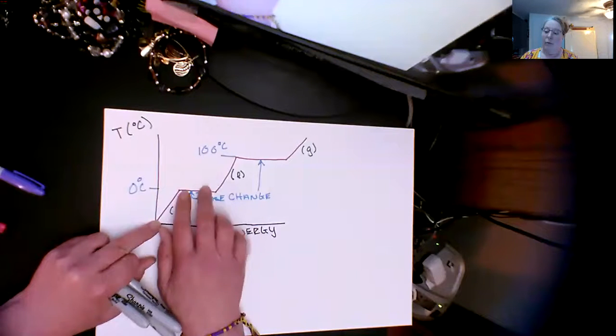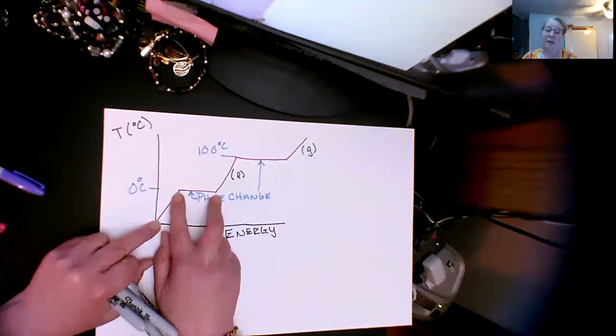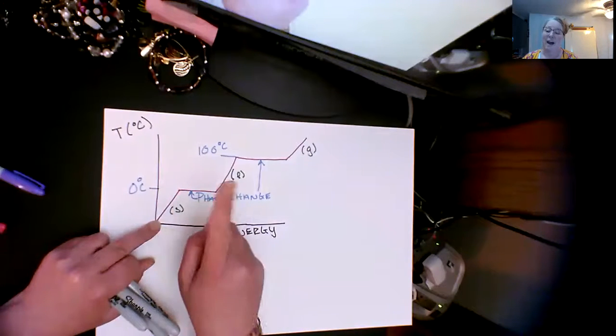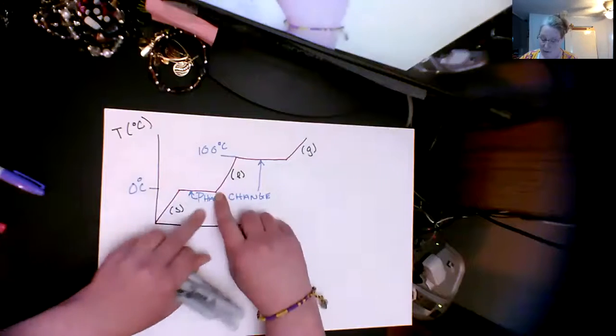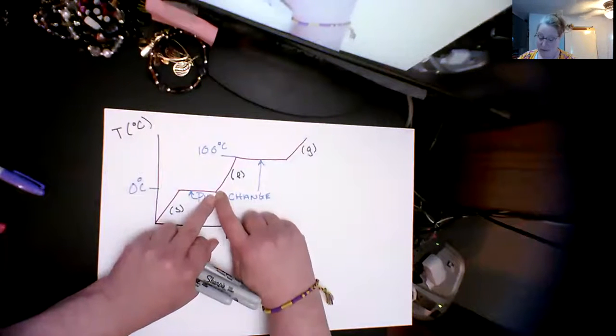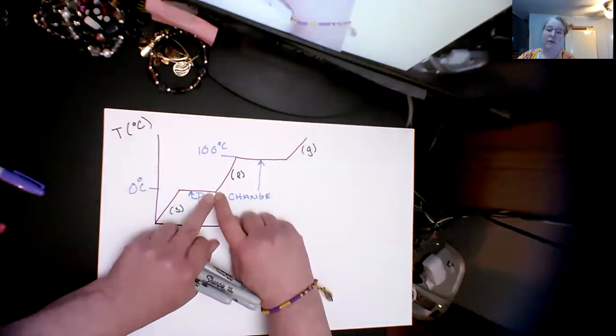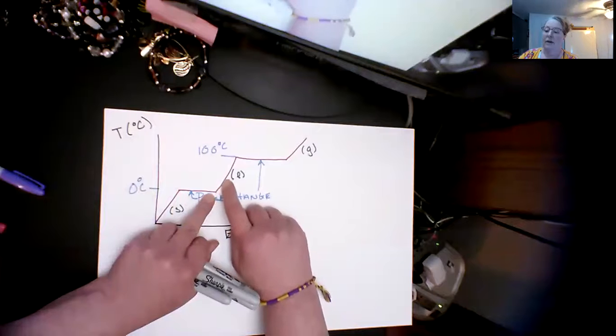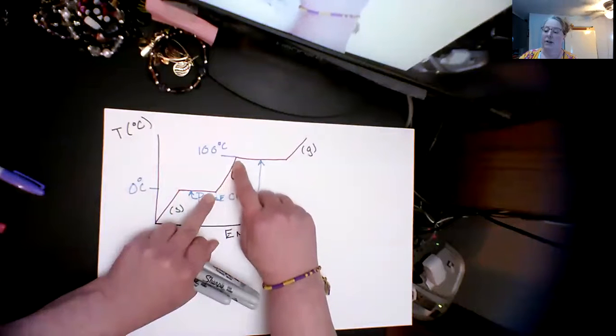More importantly, as we start doing math with it, if I have a phase change, there's a certain amount of energy involved in this phase change that doesn't have a change in temperature. So I come here, I'm a liquid at 0 degrees C. I start adding heat, energy.